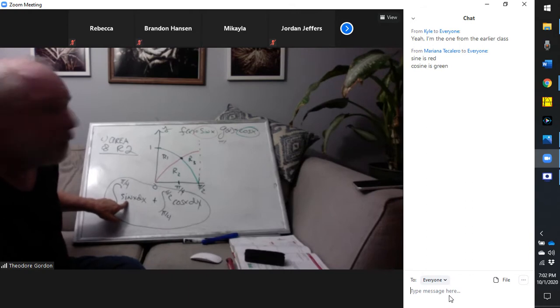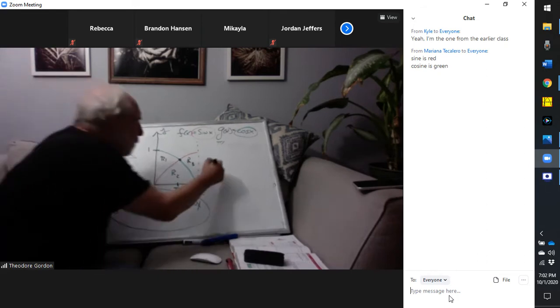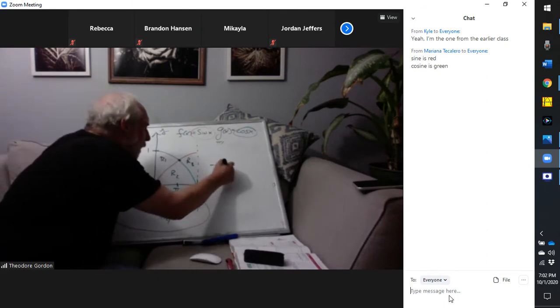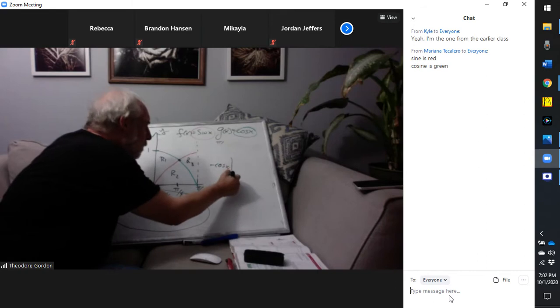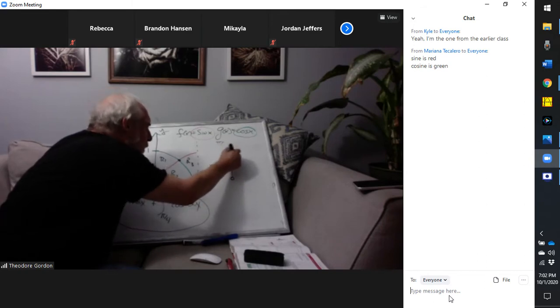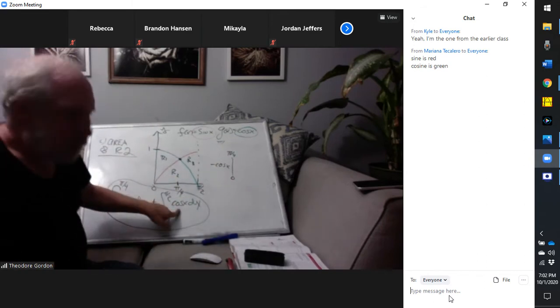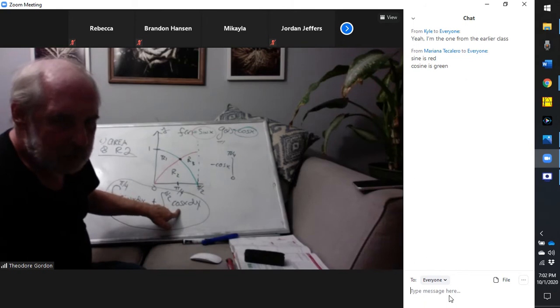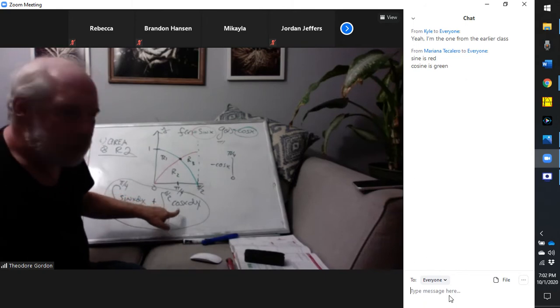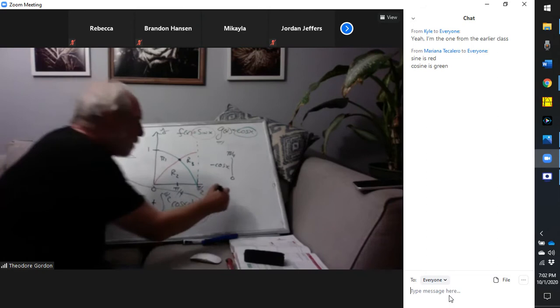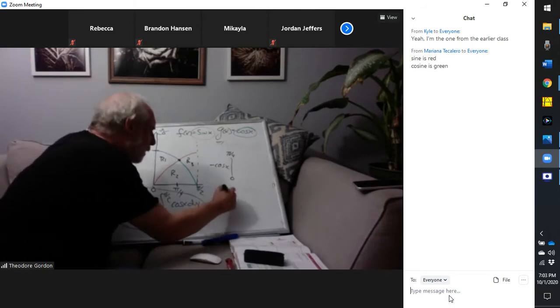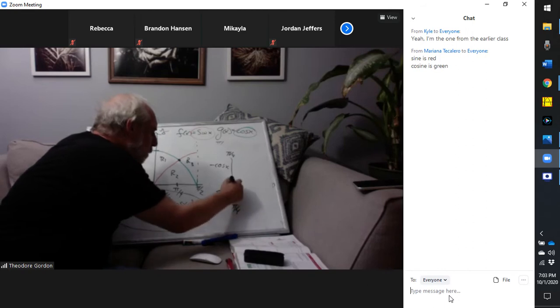Negative cosine. It would be negative cosine. So we have negative cosine x from 0 to pi over 4. And the integral of positive cosine is? Sine. It's easy to get those mixed up, isn't it? So we do sine of x, and we would do that from pi over 4 to pi over 2.